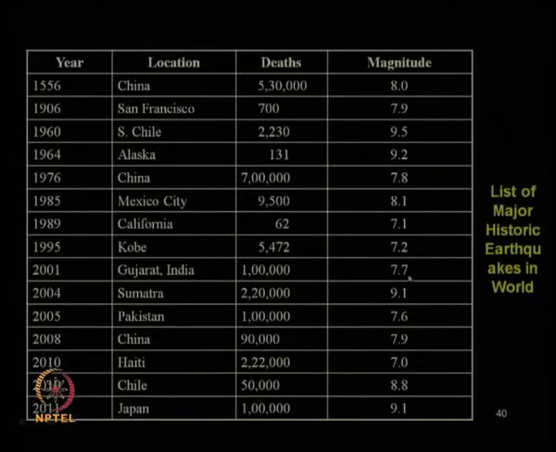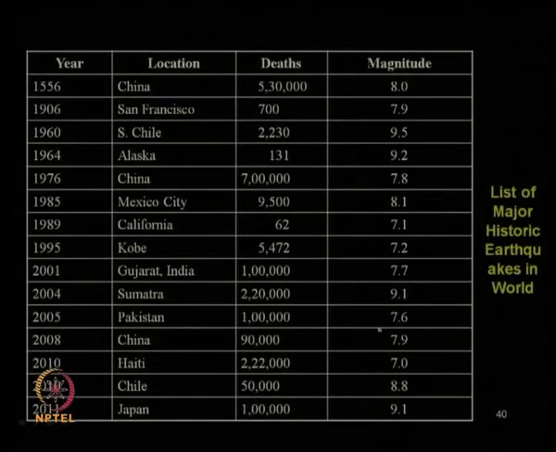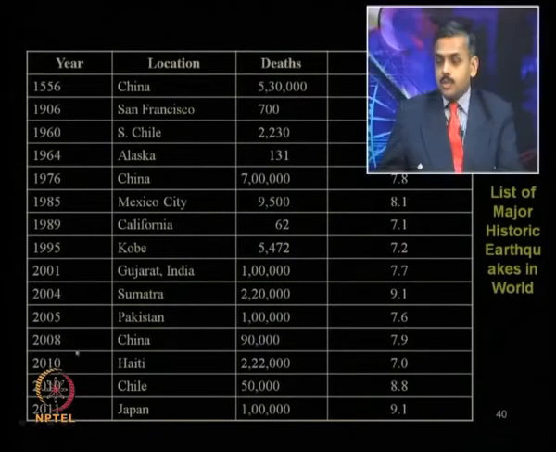in Gujarat in India, then the 2004 Sumatra earthquake of magnitude about 9.1, the 2005 Kashmir earthquake on the Pakistan and India border of 7.6, the 2008 China earthquake of 7.9, and the 2010 Haiti earthquake of about 7.